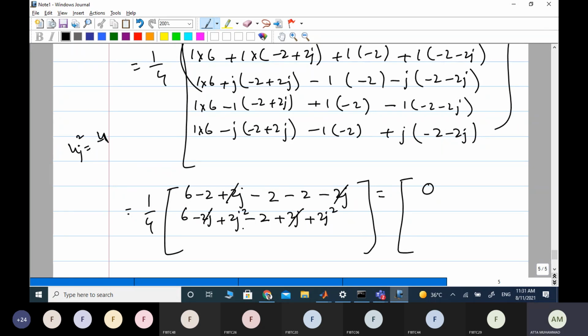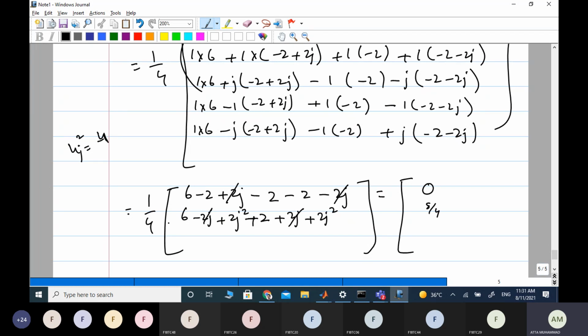Then we are in trouble, because what I have done is this minus into minus is plus. Yes. So this becomes 8 by 4.